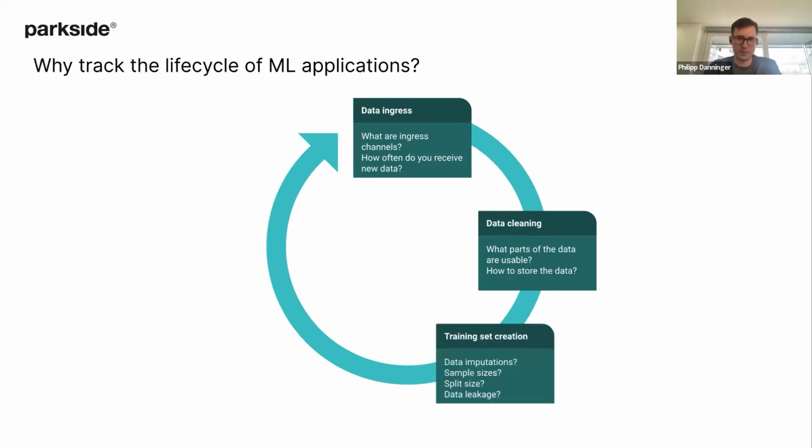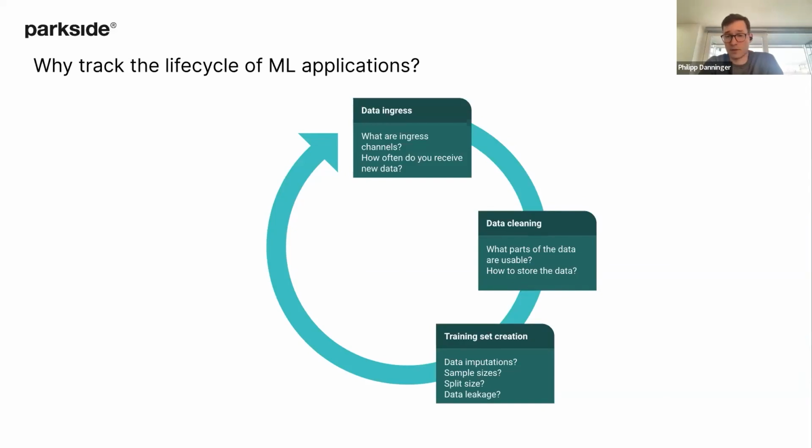Next is, let's say, a training set creation for a respective machine learning model. And here, depending on the data or the problem at hand, you might use different data imputation methods for missing data.